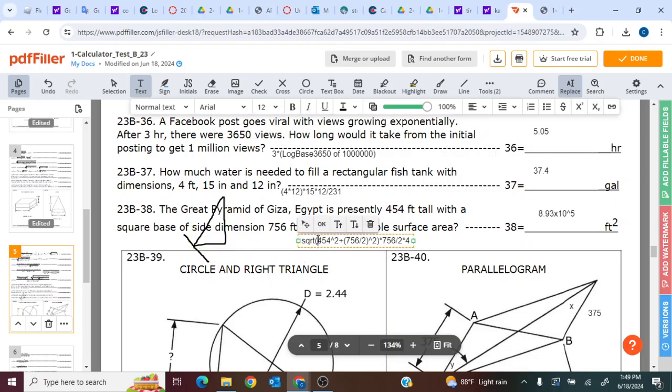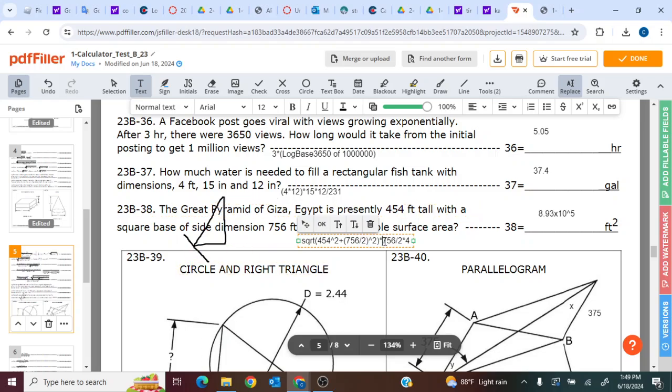So 454 squared plus, or no, not actually, my bad, I did have it right. 454 squared plus the full side over 2 squared, which would make sense if you think about how a pyramid would work. If you draw it out, or view another problem where it is drawn out, you have to square that value, and that will get you this height over here.